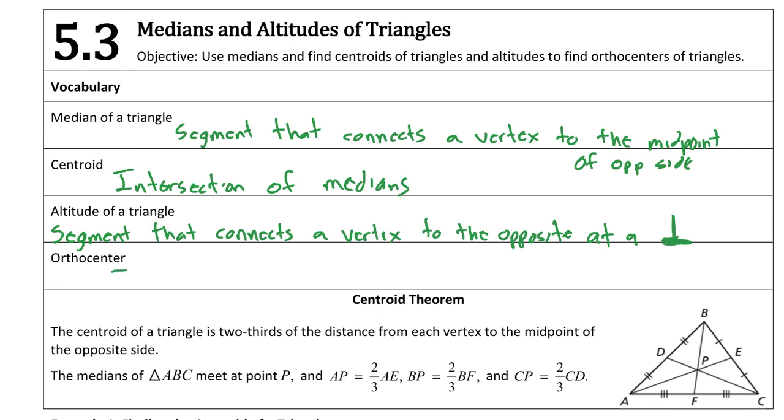The orthocenter is the intersection of the altitudes of a triangle. We'll cover both of these in these notes.